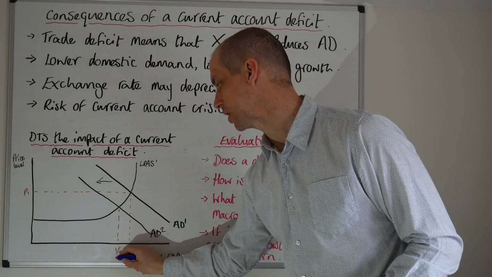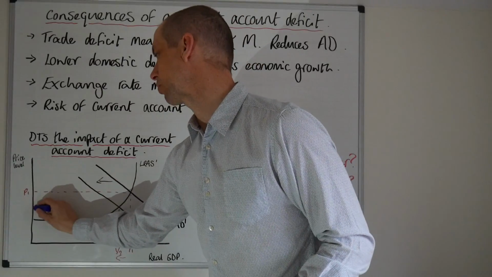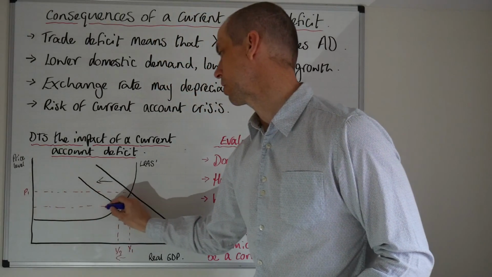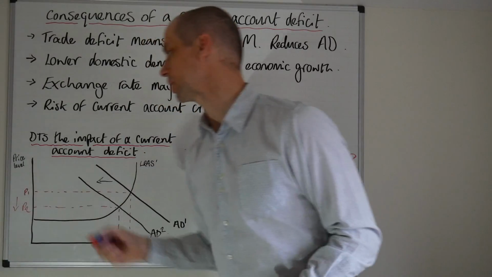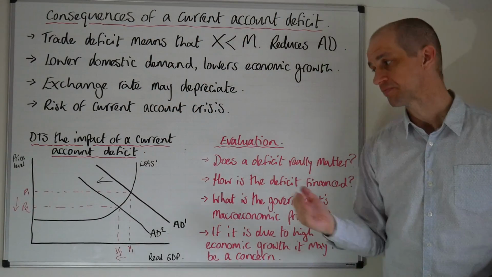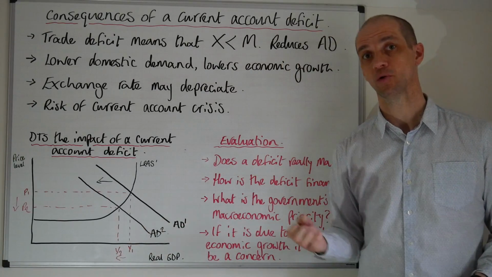We can see that shifting back there to Y2. Meanwhile, our price level would be at P2. So the price level may well fall initially, yet economic growth would certainly fall.